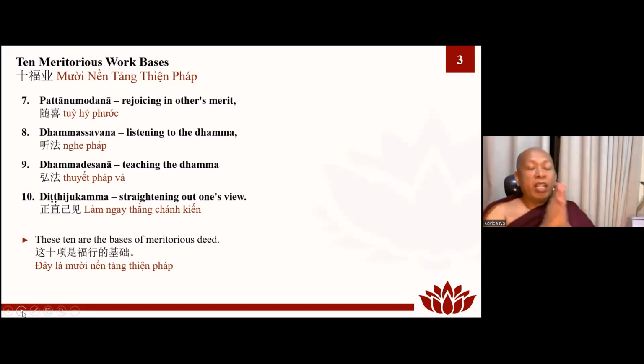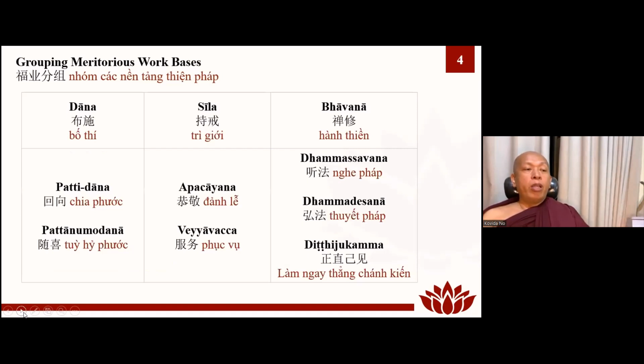So we can divide these ten into three groups. We have three leaders among these ten in the table. The first is the dana group, sila group, and bhavana group.